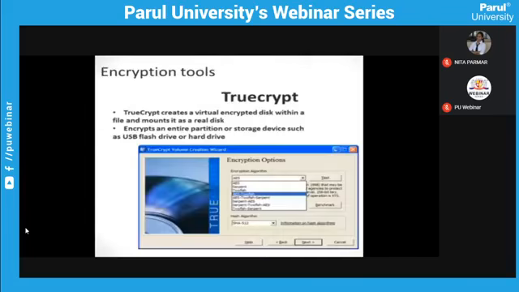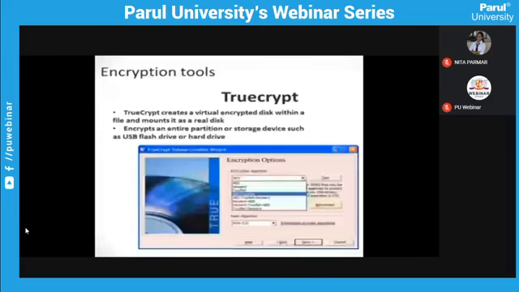And at last, we will see some tools which you may explore for ensuring data encryption. One very well-known tool is TrueCrypt. TrueCrypt is used for data encryption of our messages, and it creates a virtual encrypted disk within your file system, which is mounted as a real disk.